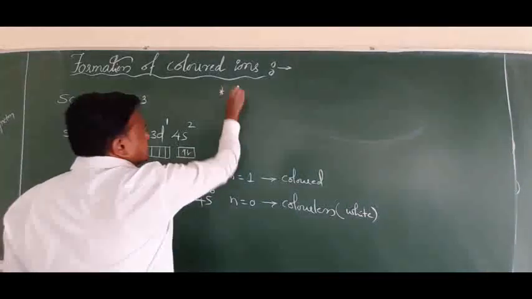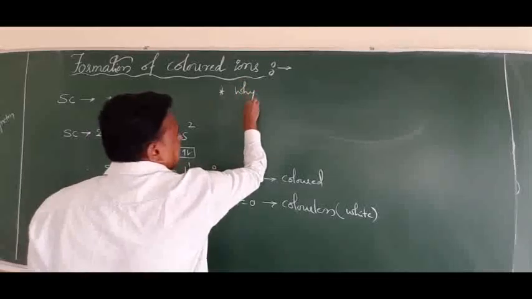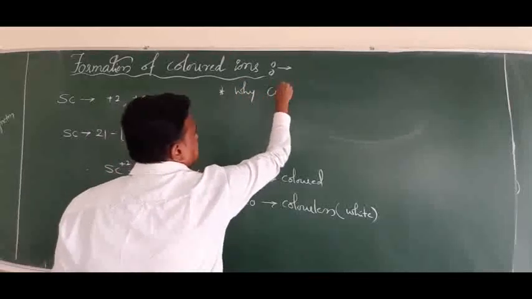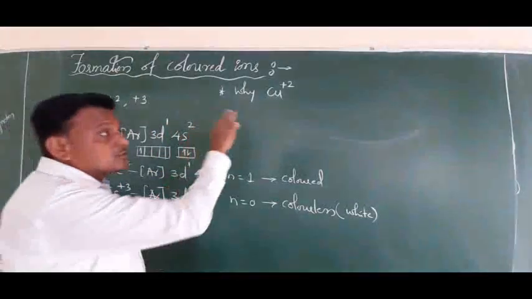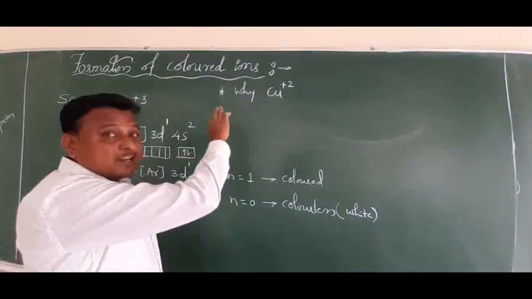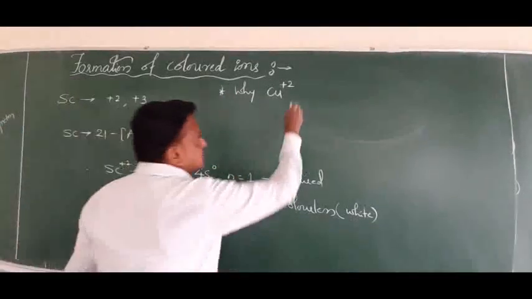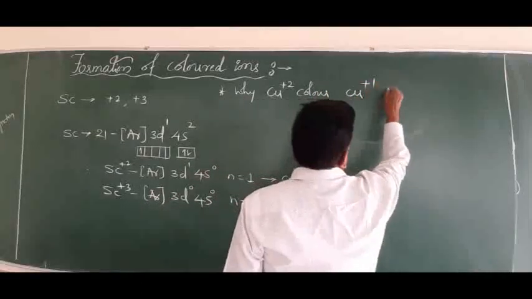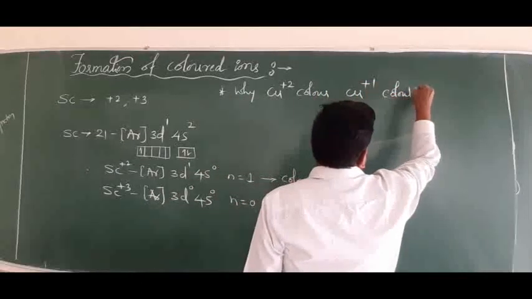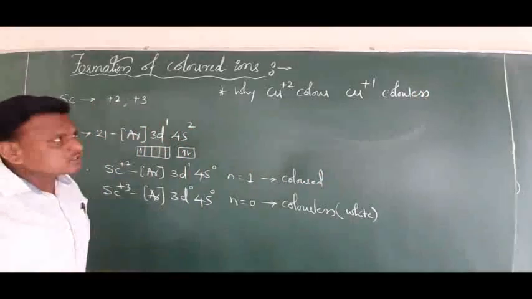In our syllabus, they mention 2 questions. Why is copper +2 colored or colorless? You can find the answer. Copper +2 is colored.